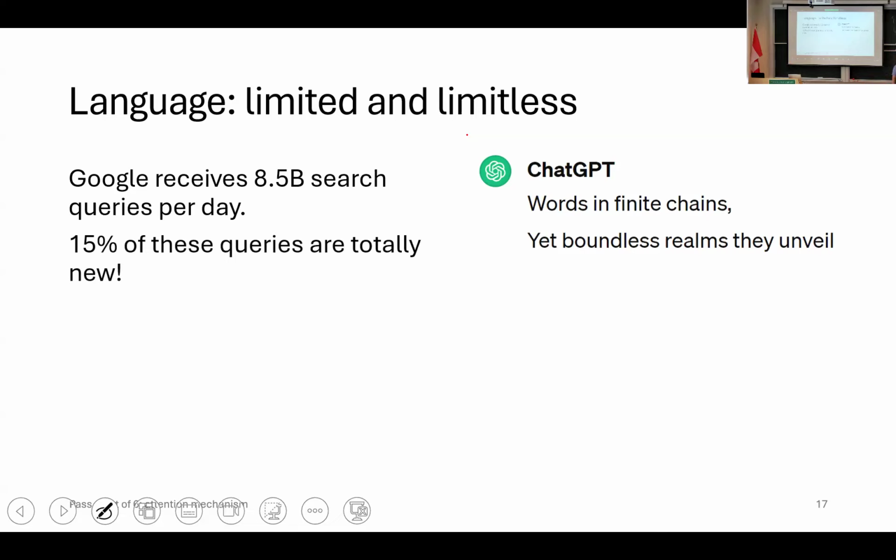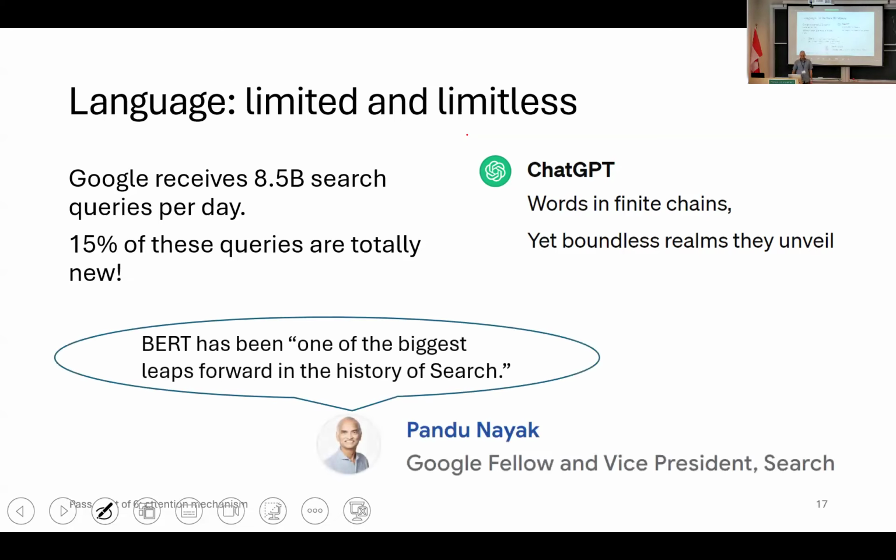So what this means is that, despite how big Google is and how commonly its search engine is used, search is not a solved problem. So this is another quote, hopefully this time not from an AI chatbot, but the VP of search at Google, who said at some point that BERT has been one of the biggest leaps forward in the history of search.